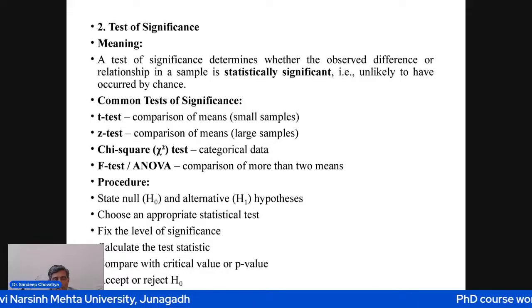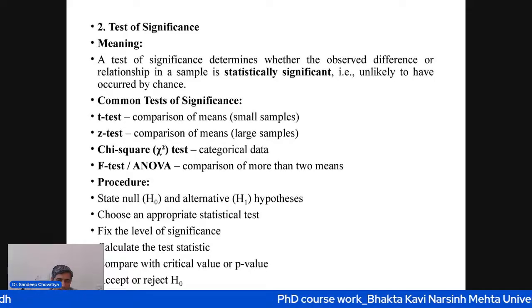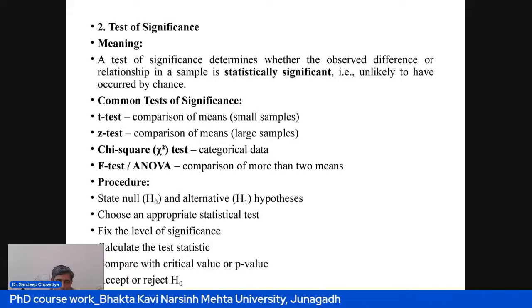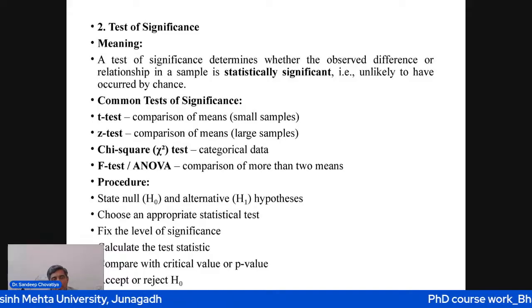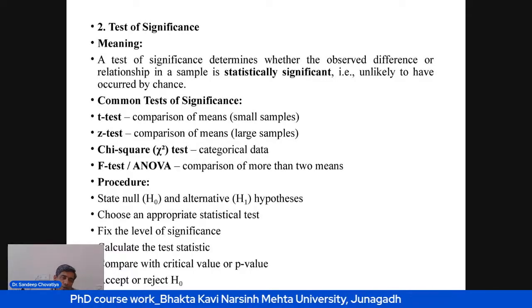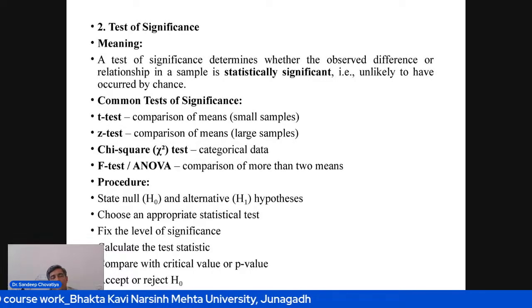I already told you about that: if qualitative, category-wise data are there, then we go for chi-square analysis. F test or ANOVA is used for comparison of more than two means, then we go for the F test or the ANOVA test.